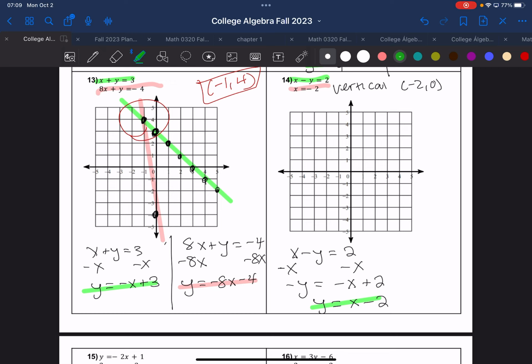Okay. So for this equation here, that y equals x minus 2, what is the y-intercept? 0, negative 2. And what is that slope telling me to do? Up 1 over 1. Good. Up 1, right 1. Now I'm going to do that a couple times.